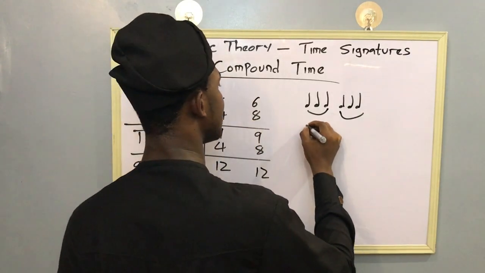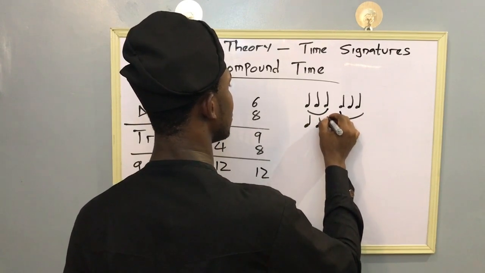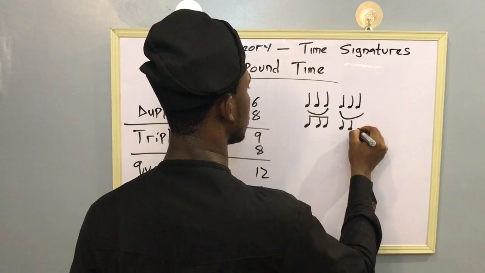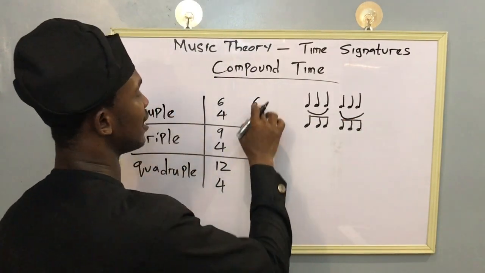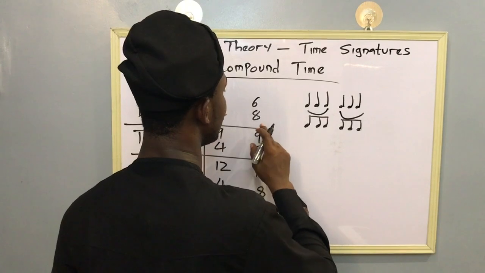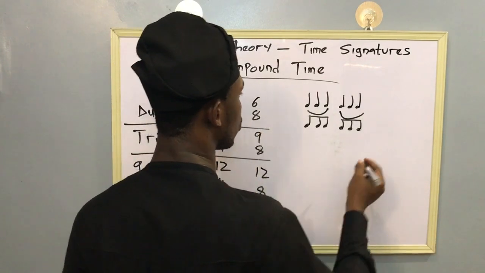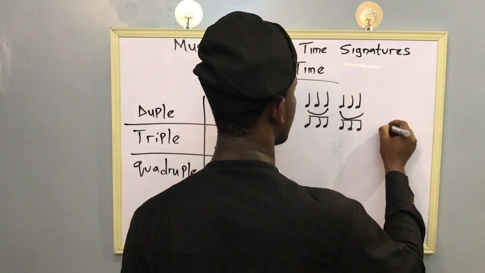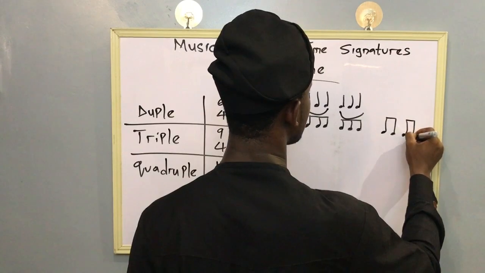For 6 8, you will see that this is what we generate. These 3, and you will see that this is the difference between 6 8 and 3 4. Because when you want to split 3 4, for example, you can split 3 4 into this. So the grouping is the difference.